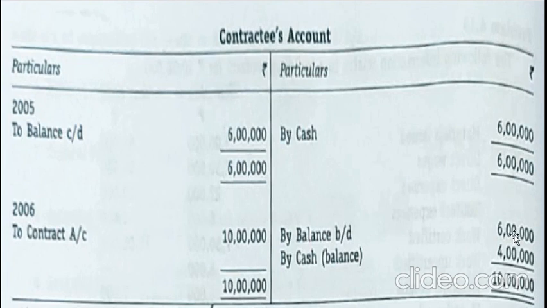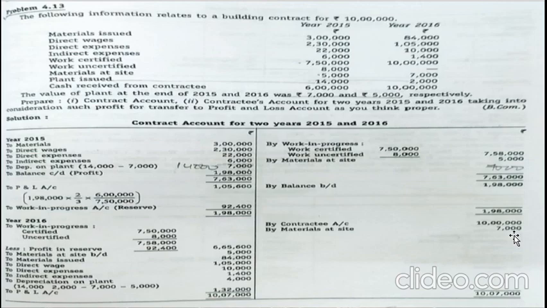So by balance brought down 6 lakh, and for the year 2016, the total contract amount you have received is 10 lakh. In the previous year 2015 you received 6 lakh, and now you have cash received which is 10 lakh. So what is your contract price? Your contract price is 10 lakh.